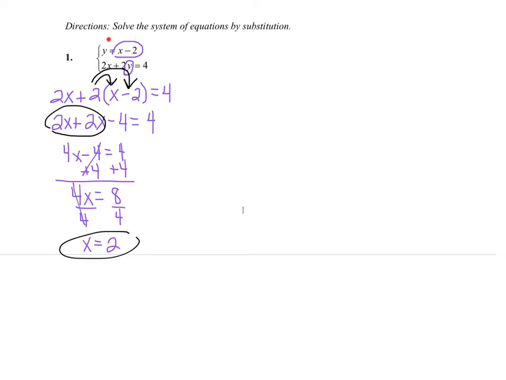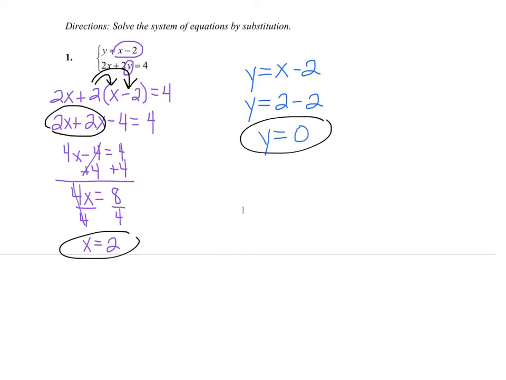Well, to me, equation 1. Equation 1 says y equals x minus 2, and we just solved for x. My x is equal to 2. So now replace that: y equals 2 minus 2, and 2 minus 2 equals 0. Therefore, y equals 0. And we just did step 3.